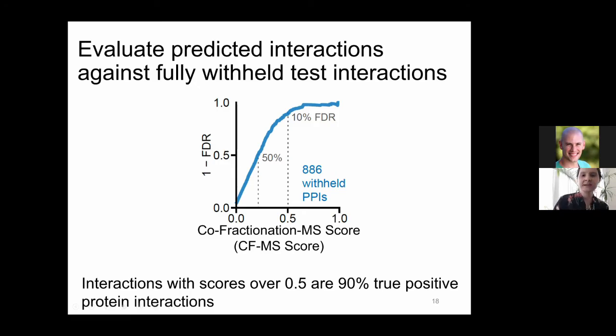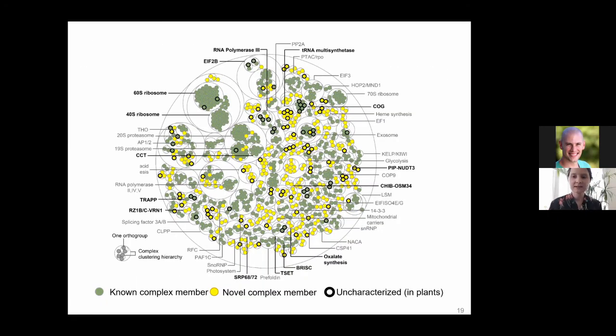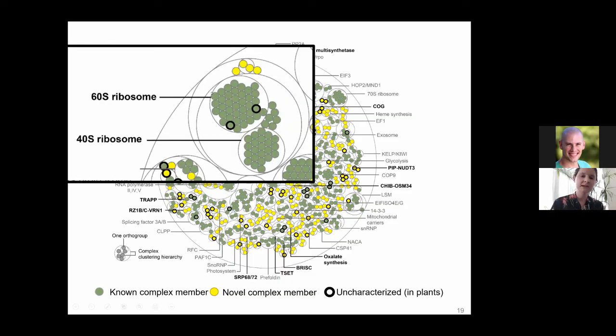Okay, so taking all of these interactions, I could then hierarchically cluster those into protein complexes. And so this is a hierarchical view of protein complex assembly. You can see, for example, one level of clustering captures the 60S, another captures the 40S, and a larger one captures the entire ribosome.